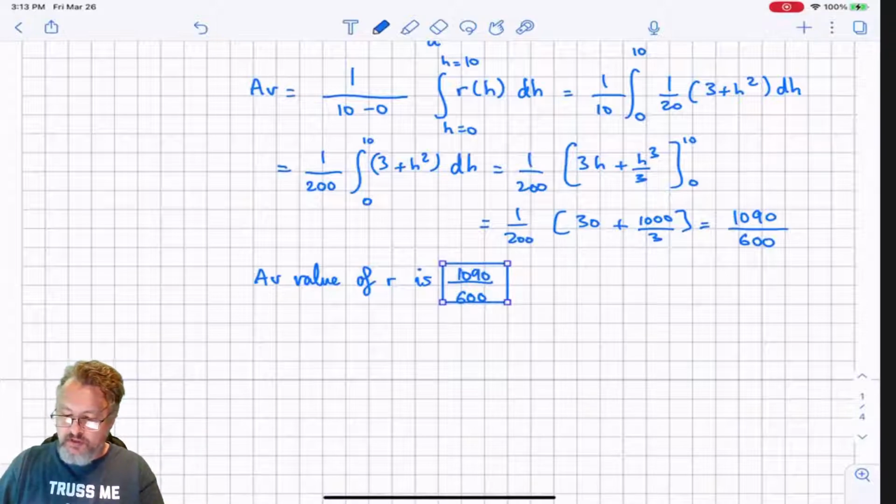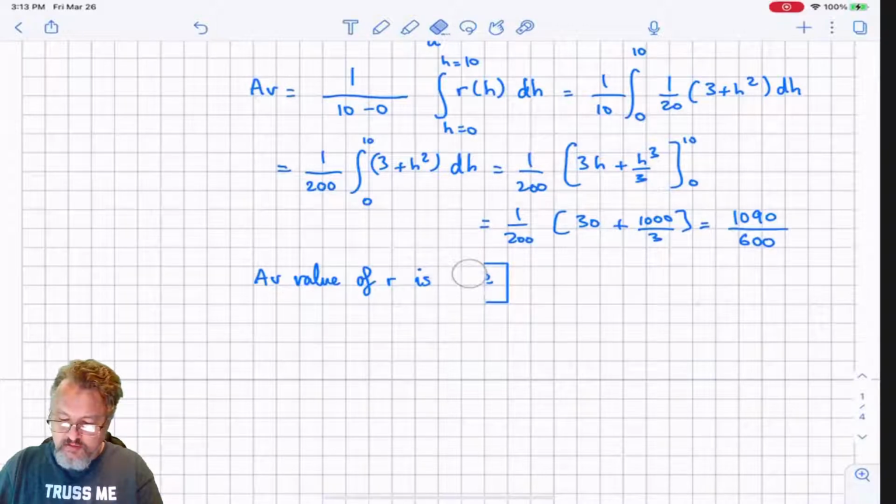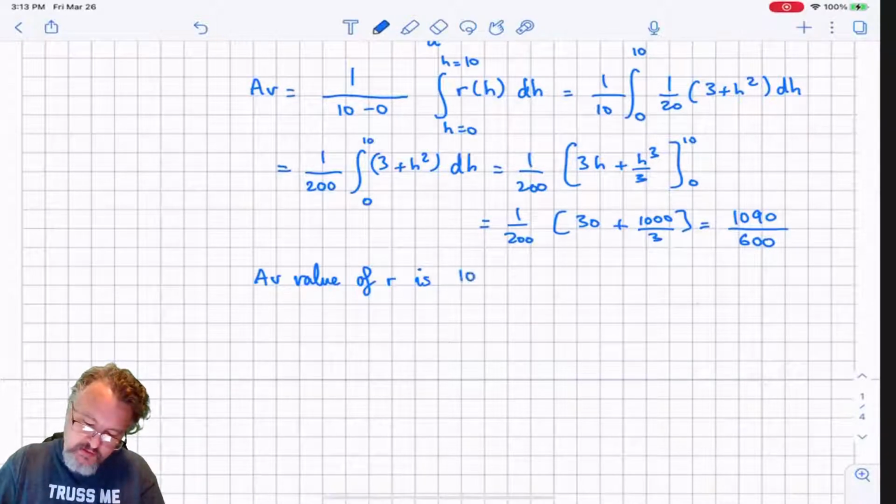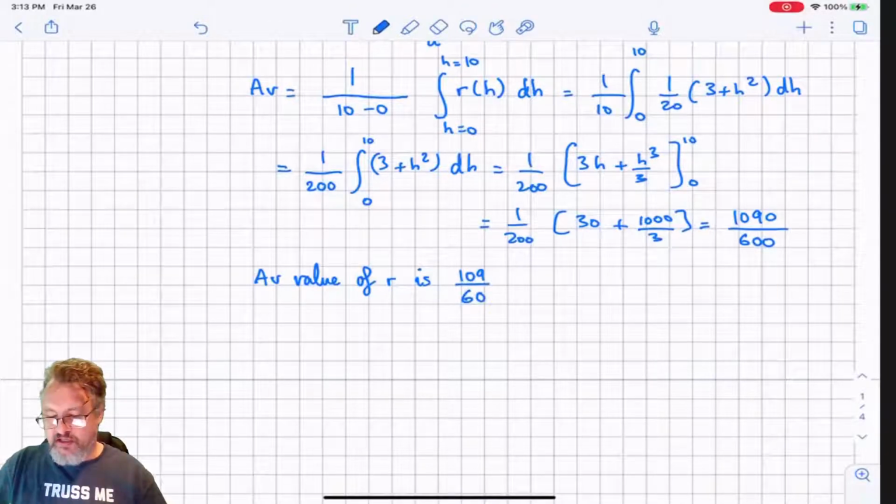Obviously, we should reduce this, so 109 over 60.